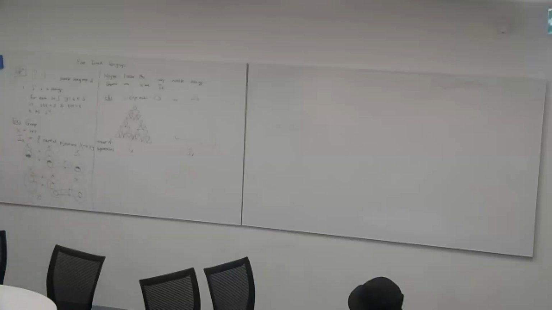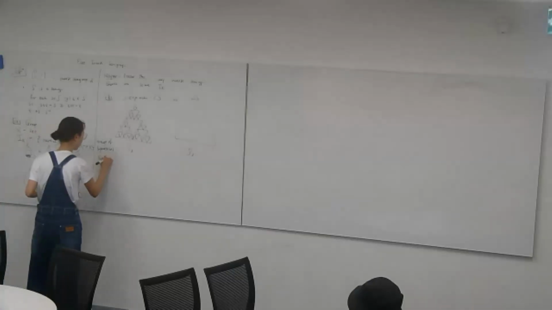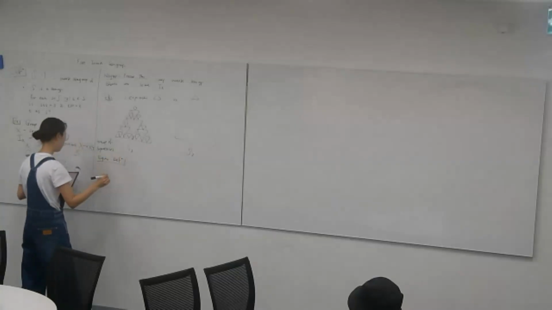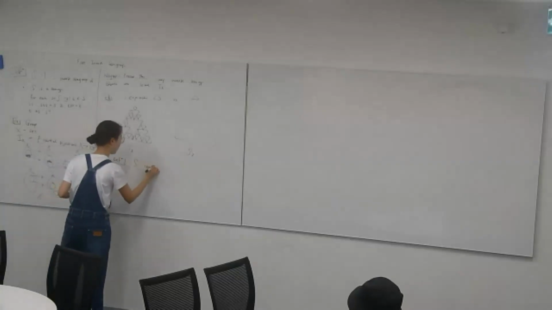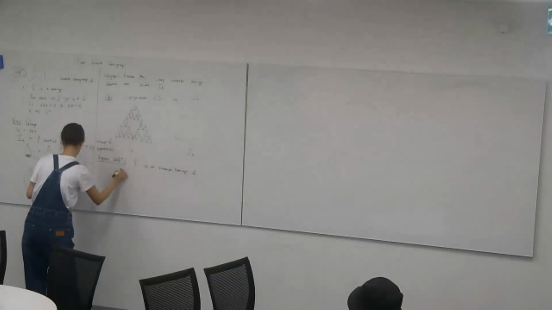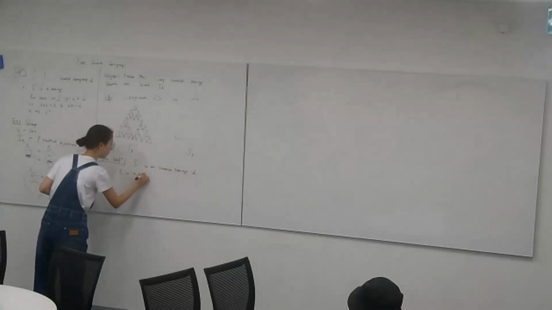Good. So we've seen one definition for inverse semigroups. There's an equivalent definition. S is an inverse semigroup if S is a regular semigroup.